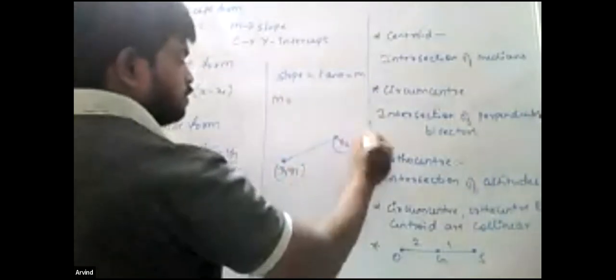If a line is passing through two points x1 y1 and x2 y2 and we need to find the slope, then the formula is y2 minus y1 divided by x2 minus x1. The same thing. This is the same formula I have written here. I sent this m here, brought x minus x1 to the denominator, and in place of m I have written this formula, y2 minus y1 divided by x2 minus x1, to find the slope. So if you remember this, you can easily write it. So this is 2-point form.